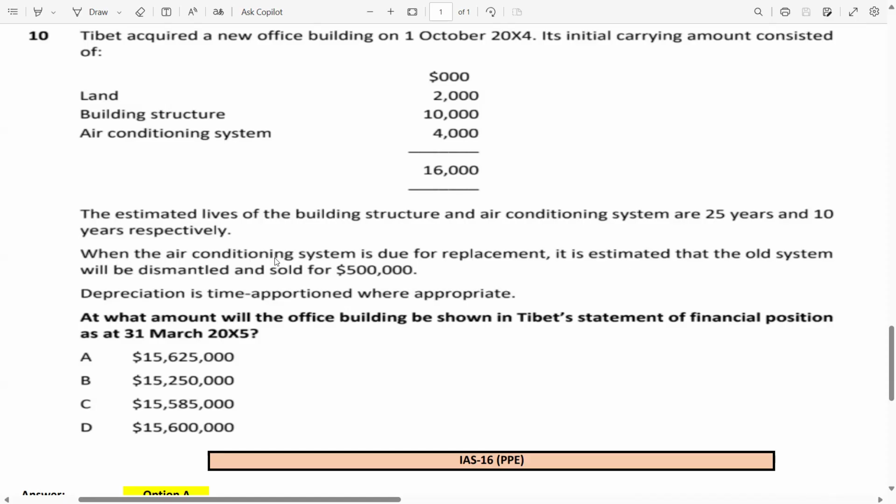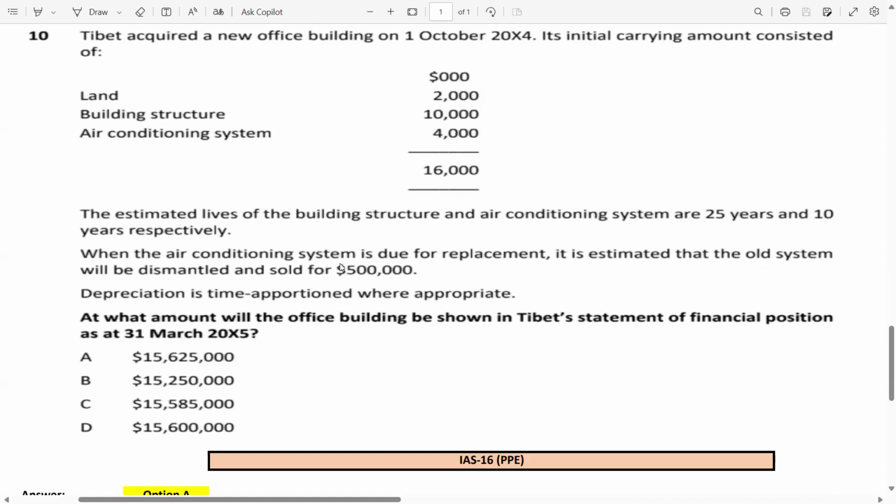When the air conditioning system is due for replacement, it is estimated, it's not final, it's an estimation, that this air conditioning system with the carrying amount of 4,000 will in the future be dismantled, meaning discarded, and sold for 500.